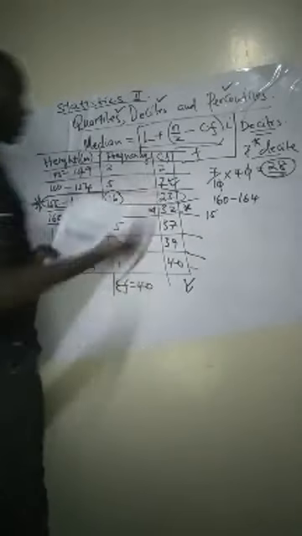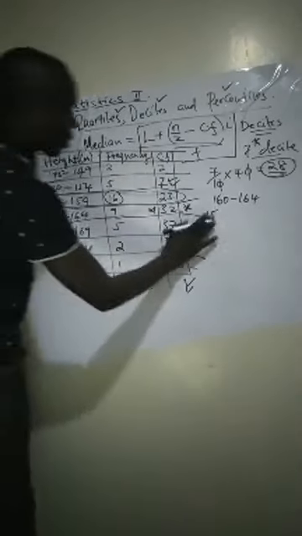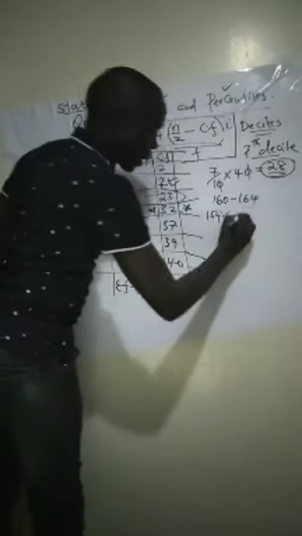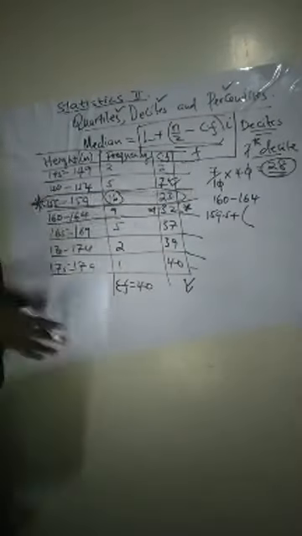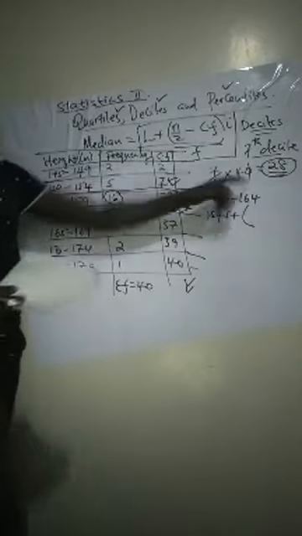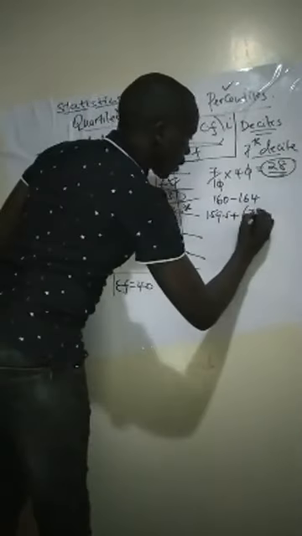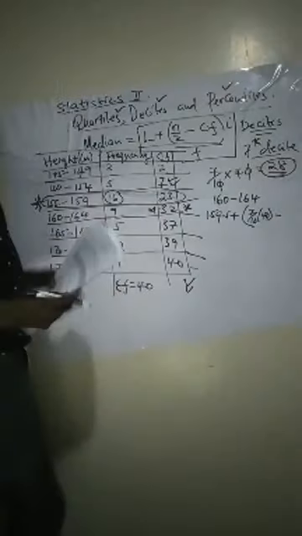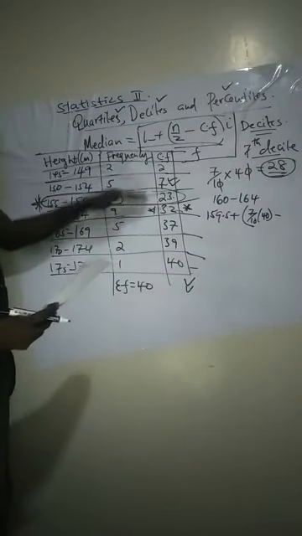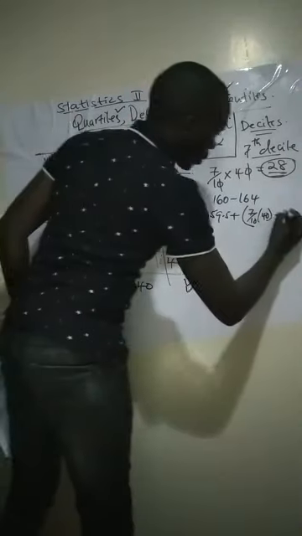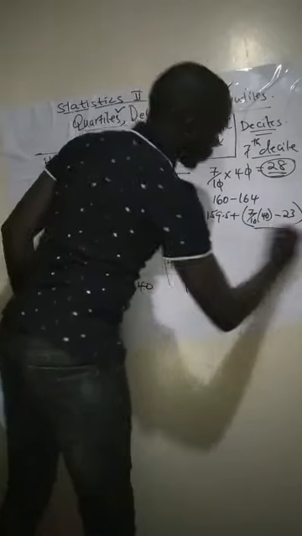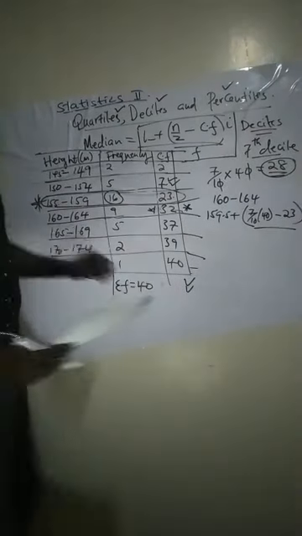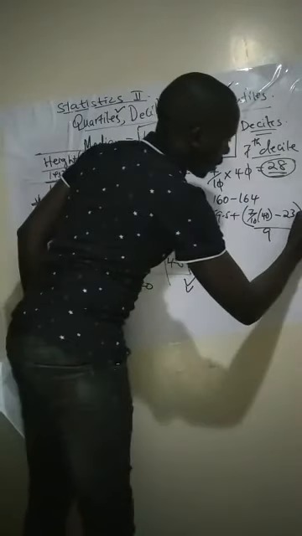You now use the same formula: 159.5 plus 7 over 10 of 40, minus CF, the cumulative frequency above, which is 23, over the frequency of that class, which is 9. Then multiply by the interval 5.